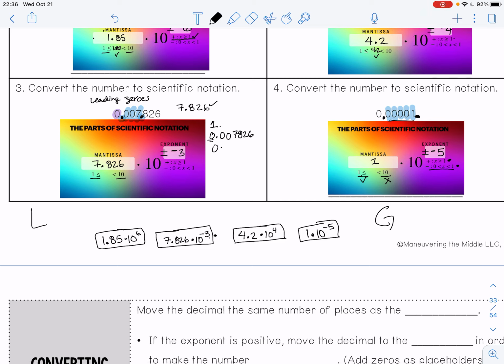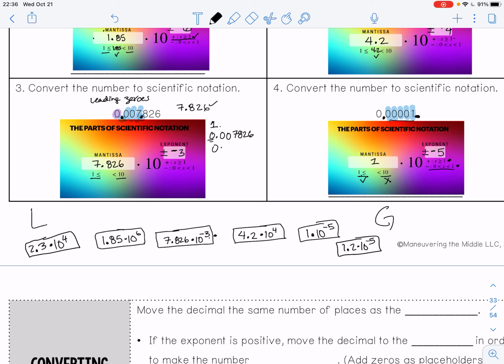So let's also add 2.3 times 10 to the 4, and then let's also add 1.2 times 10 to the negative 5.